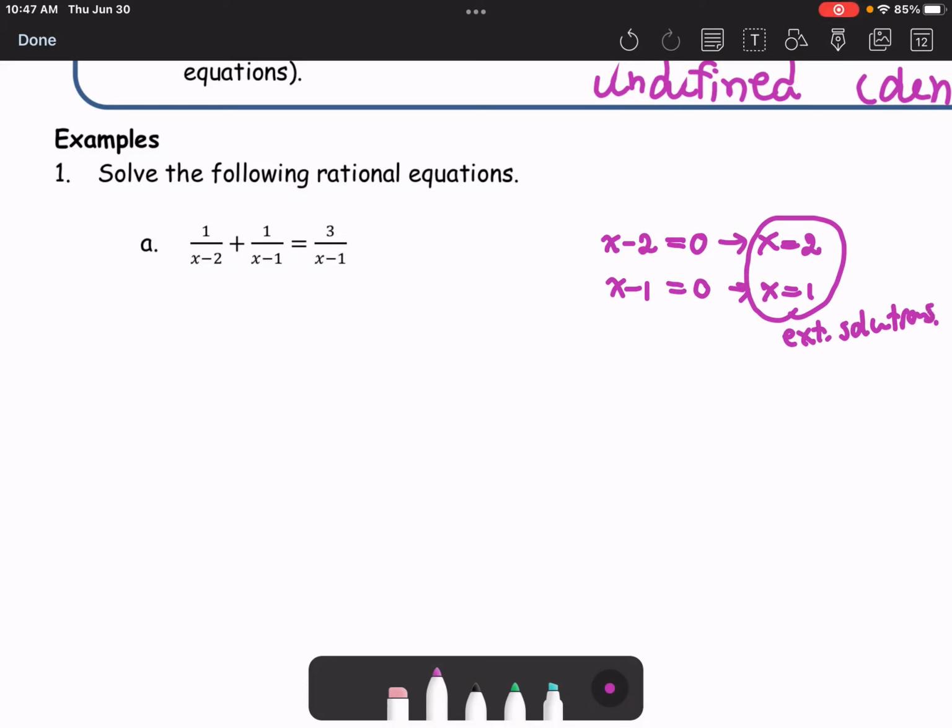That means we do not include these solutions in the solution set of this equation. To solve this, first we look at the LCD, the least common denominator. For the denominators x minus 2 and x minus 1, the LCD would be the product of these two factors. So we multiply all terms by the LCD.